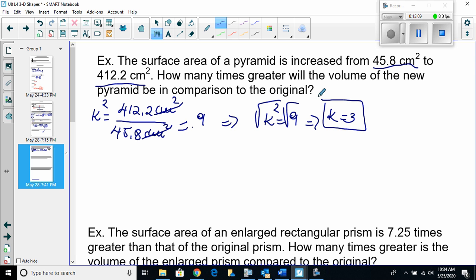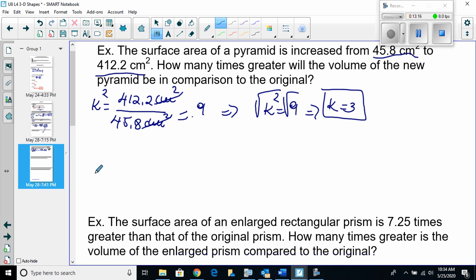Okay, but now they are asking how many times greater the volume will be. The ratio between the new volume and the original volume is k to the power of 3, which is 3 to the power of 3, which is 27.